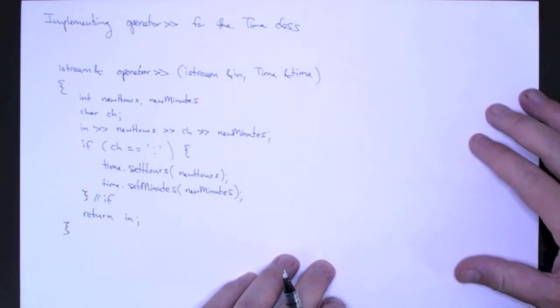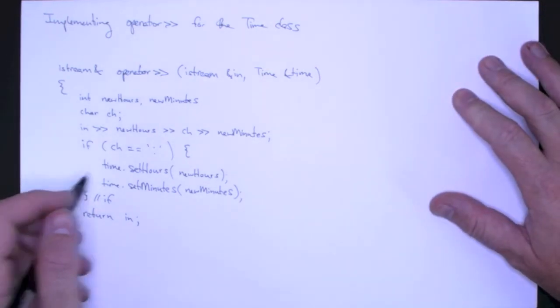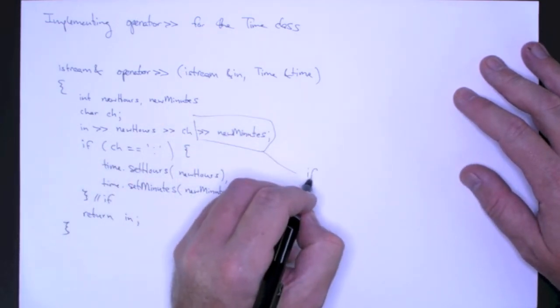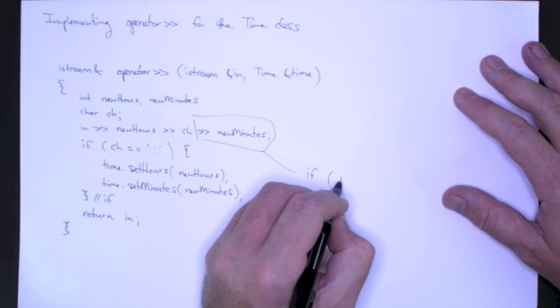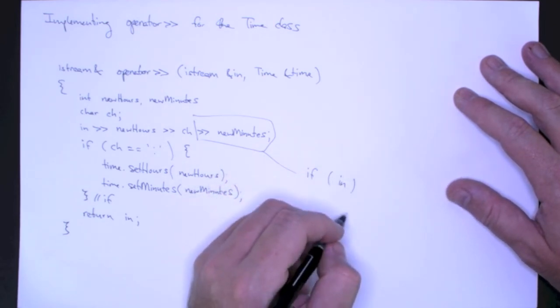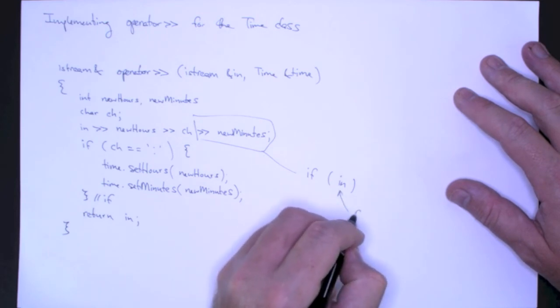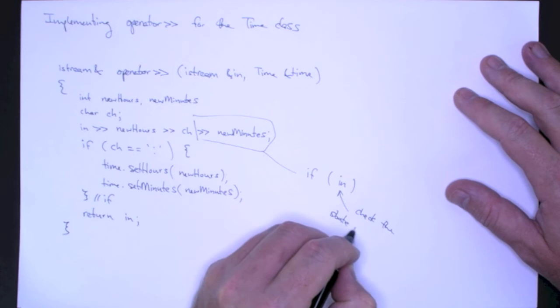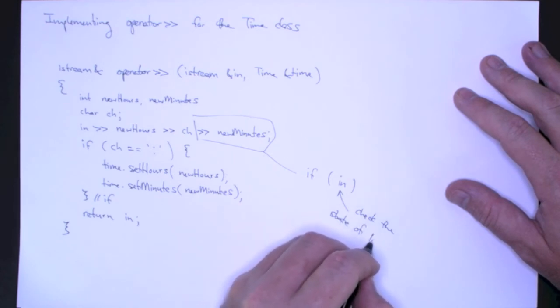Now there's all kinds of error handling that we could do here. Maybe after this, one thing we could do is check to see if in evaluates to true or if it evaluates to false, so we can check the state of the input stream.